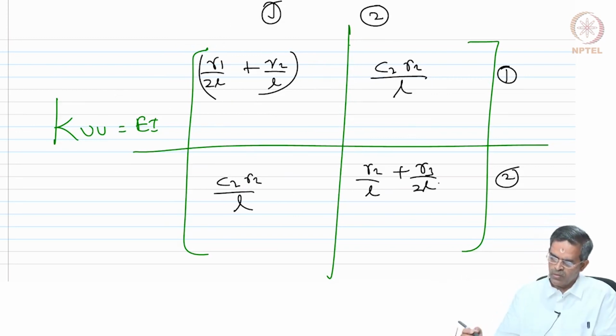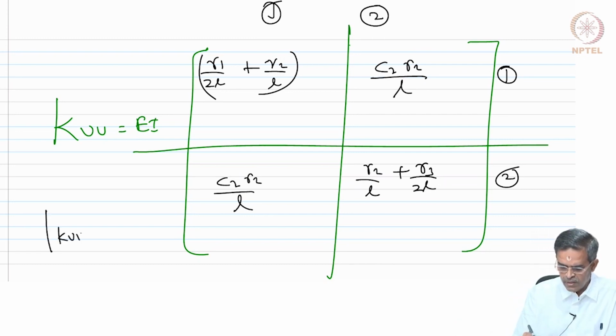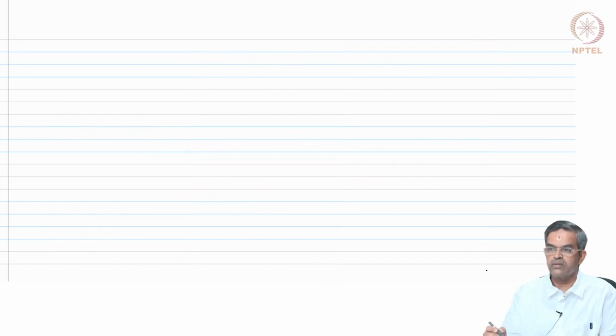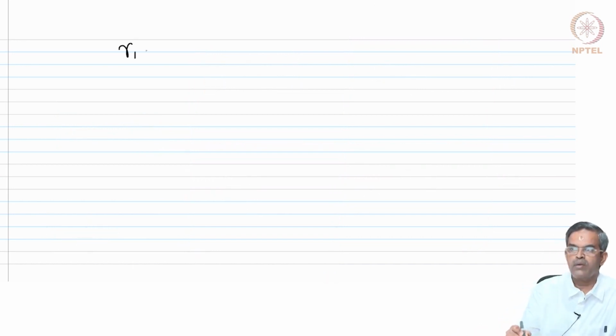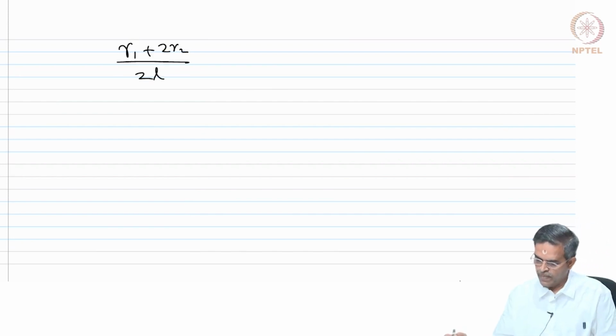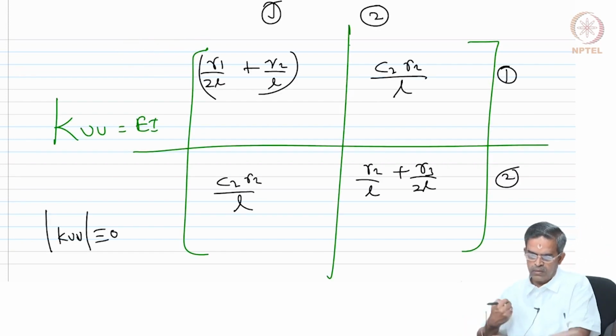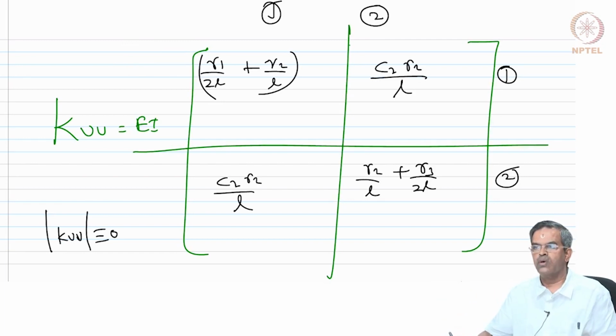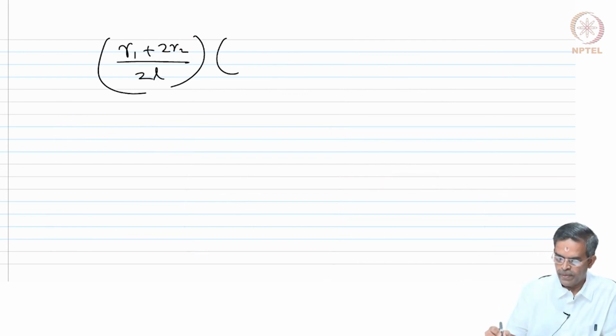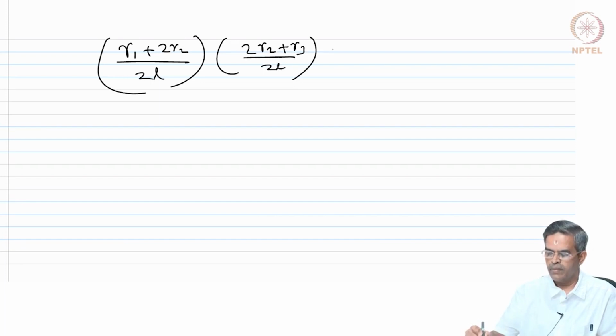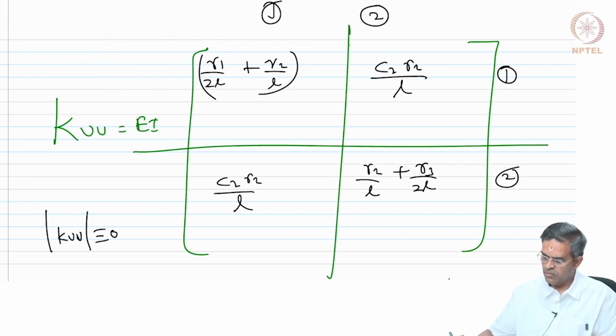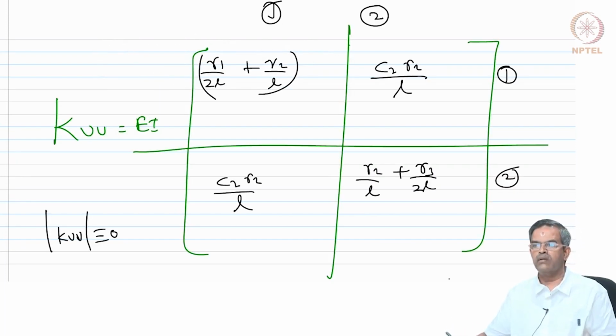Okay. So now let us set this determinant to 0. So I can write that is going to be R1 plus 2R2 by 2L into 2R2 plus R3 by 2L should be equal to C2 R2 by L the whole square, right.